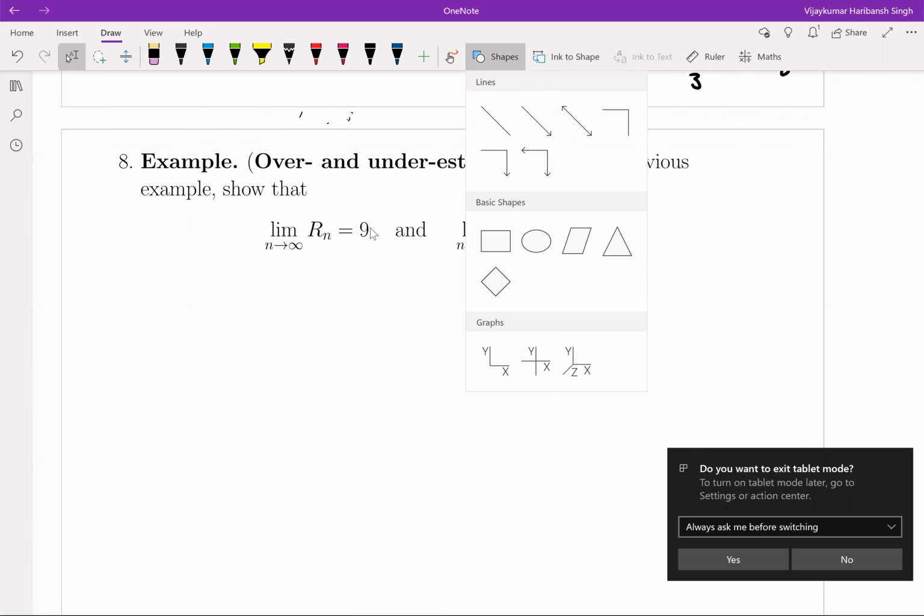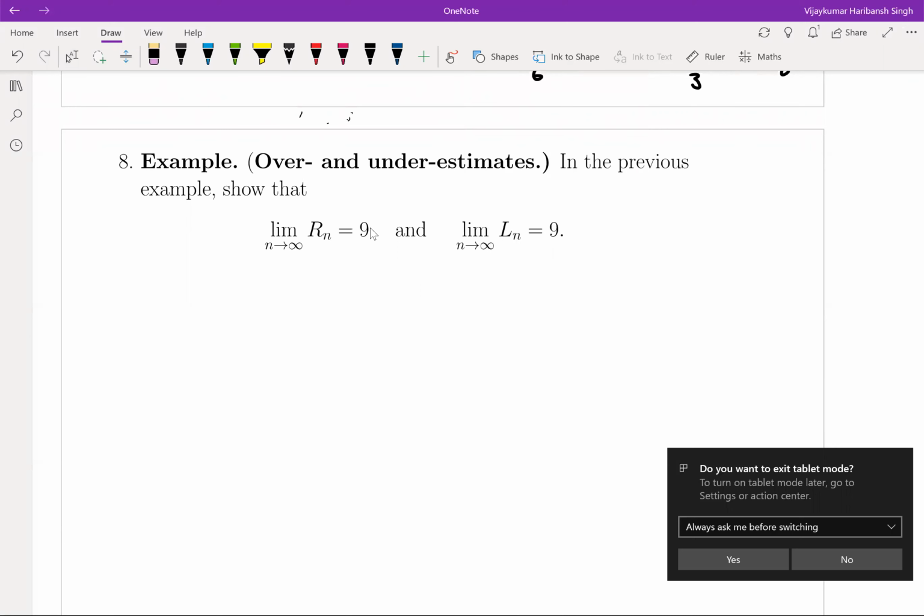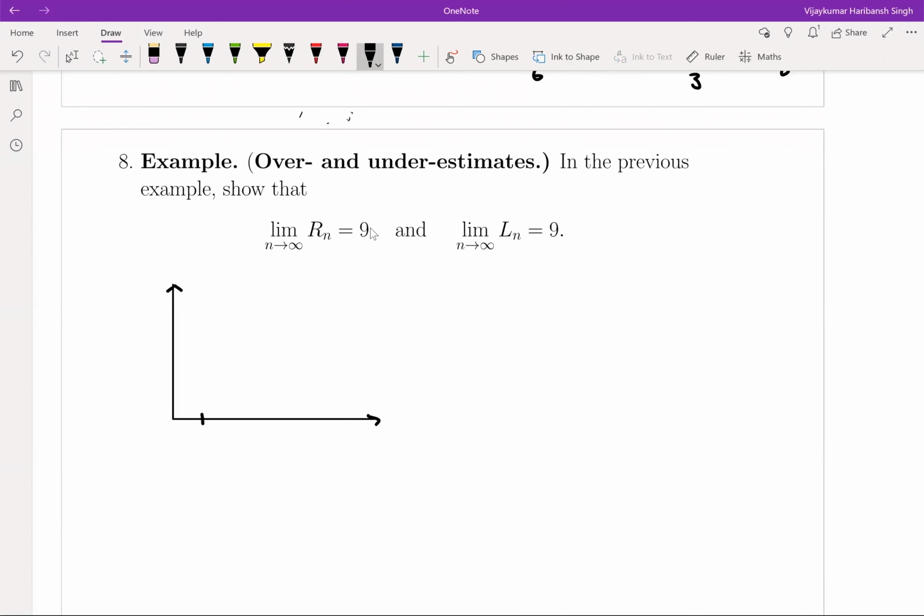Again, let's draw the function. So we have 1, 2, 3, 1, 2, 3. We have a graph like that. Okay. And we want to find the area below this curve. So first of all, we'll divide it into n pieces like that.